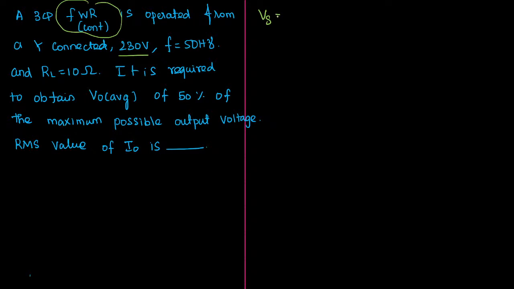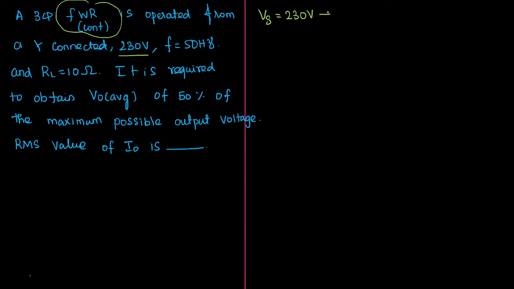What is the given supply voltage? It is 230 V RMS line voltage. In the last question, they had given the phase voltage, that's why I treated it as phase voltage. By default, if there is no information about the given voltage in your question, then the given voltage will always be RMS line voltage, first thing.